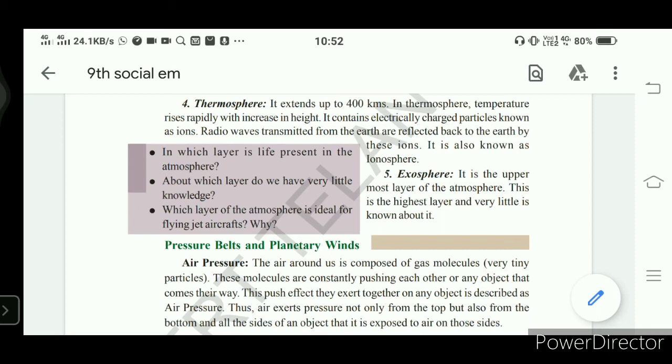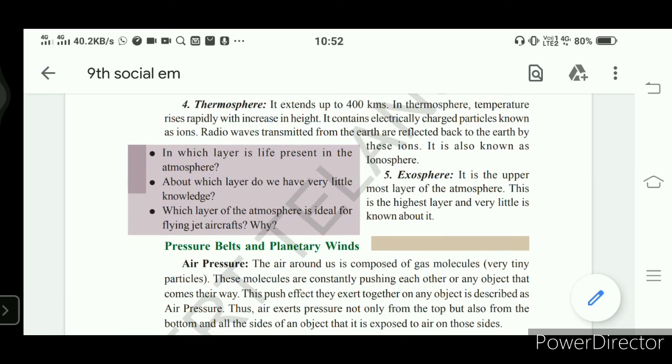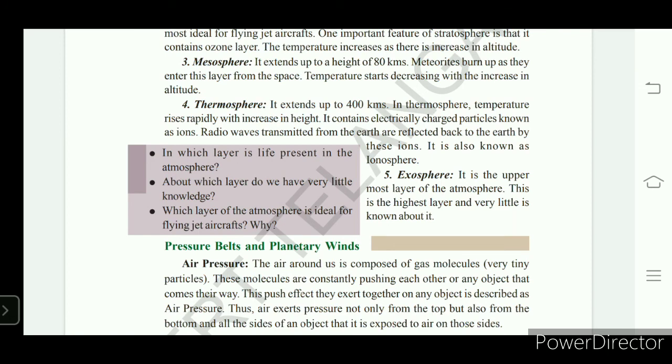So far we have not received much. We know very little, because in the thermosphere the temperature is high, so we are unable to identify how the exosphere is, what gases are composed there, in what way it is useful, and how changes take place in the exosphere. So all this we are unable to identify; we know very little about the exosphere.